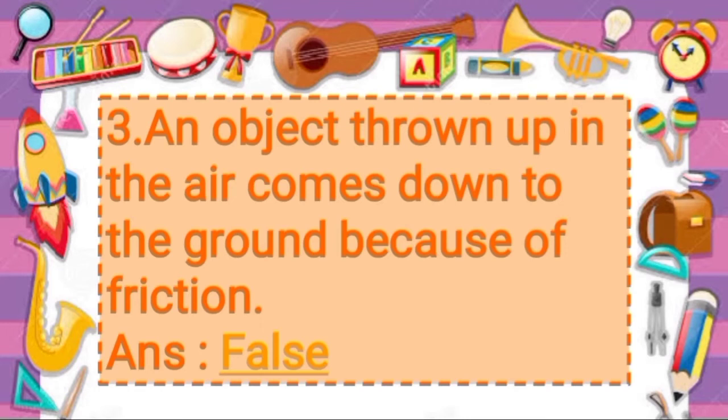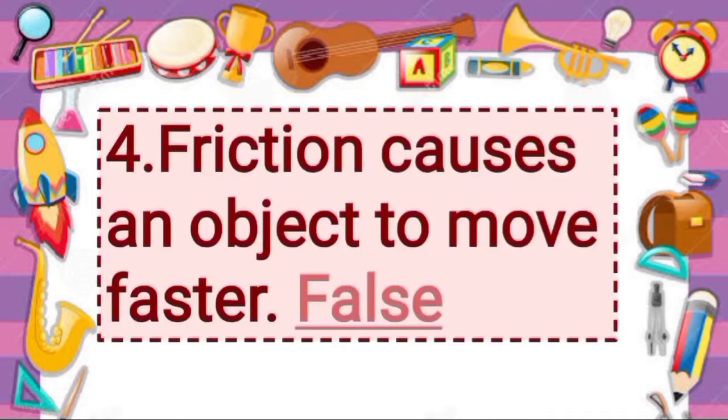So the question is, an object thrown up in the air comes down to the ground because of friction. Answer: false. False means the statement is false, because an object thrown up in the air comes down to the ground because of gravity.